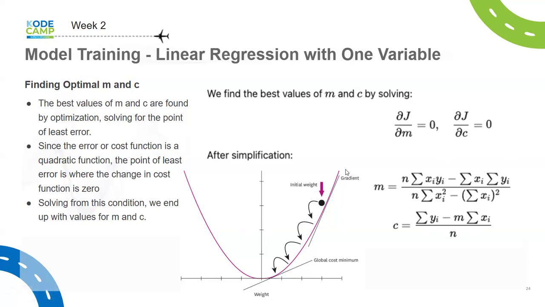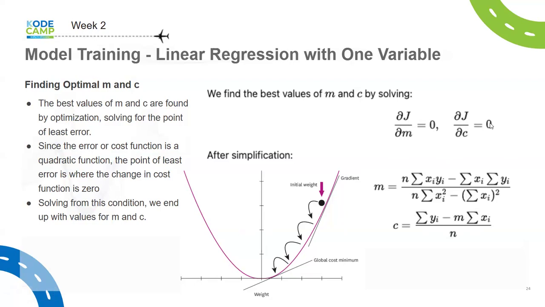It's a calculus differentiation kind of approach. The gradient is the rate of change of the cost function with respect to m, a partial derivative, and also the rate of change of the cost function with respect to c, the second parameter, which is also a partial derivative. So where those two equal 0.